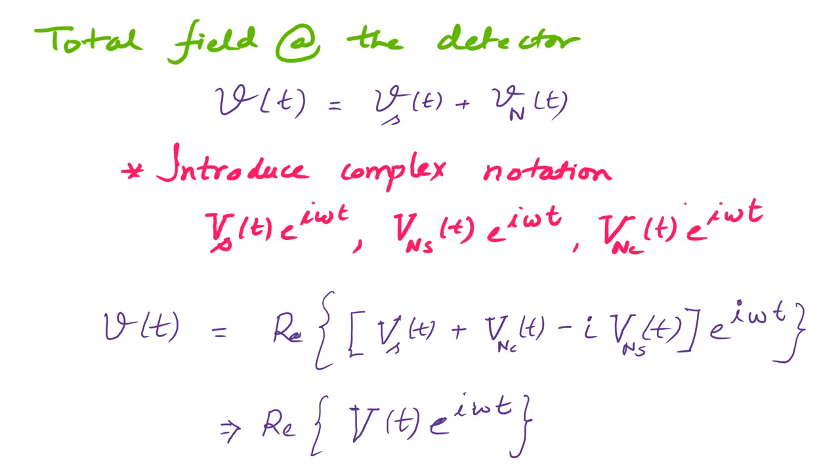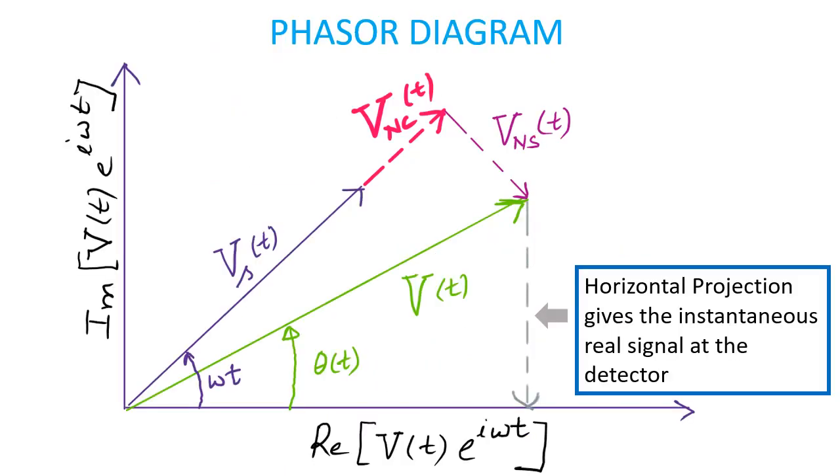Let us look at this a little pictorially. So this is what you're familiar with, also called the phasor diagram. What I'm plotting is basically the real part and the imaginary part of my signal at the detector, which is just capital V of t exponential I omega t and its real or imaginary parts.